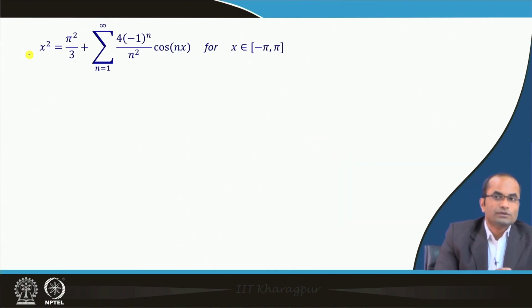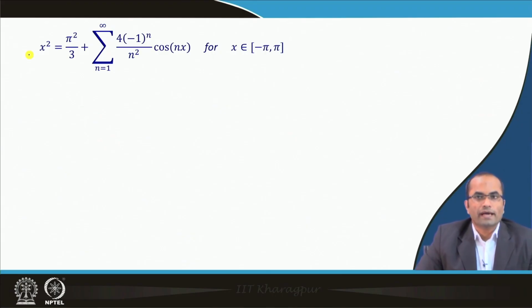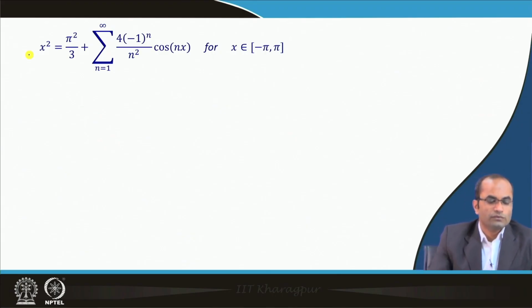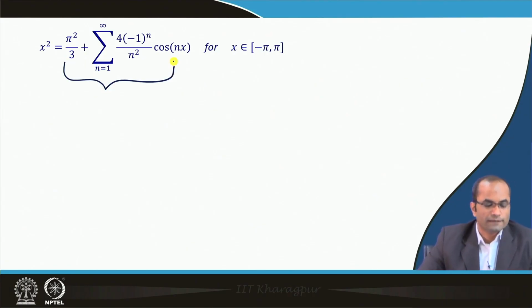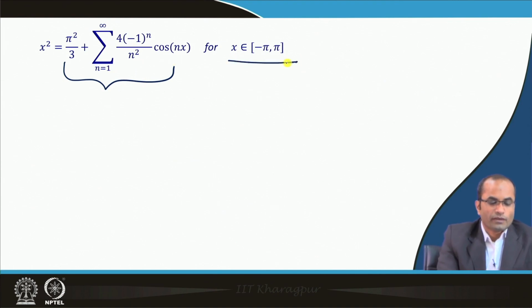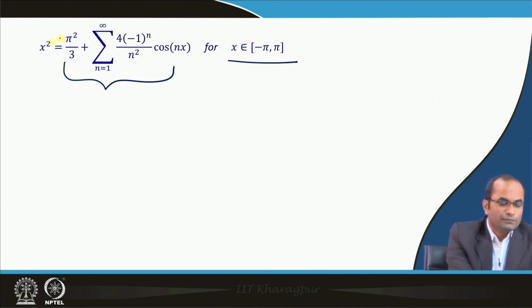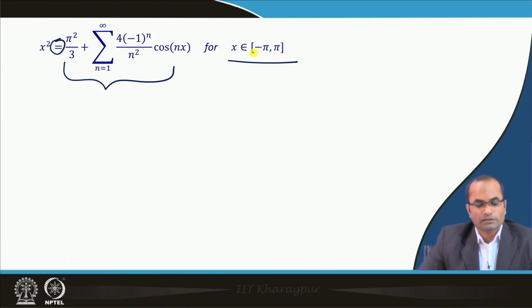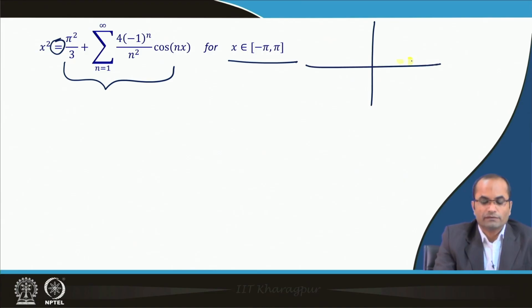So, then we can substitute in the Fourier series the a naught and a n's, the b n's are 0. So, we will get this cosine series, because the series will not contain the sine term, and again we can put this equality because this series will converge, in fact, absolutely and uniformly, because we have again this x square function defined here from minus pi to pi, and even its extension also.